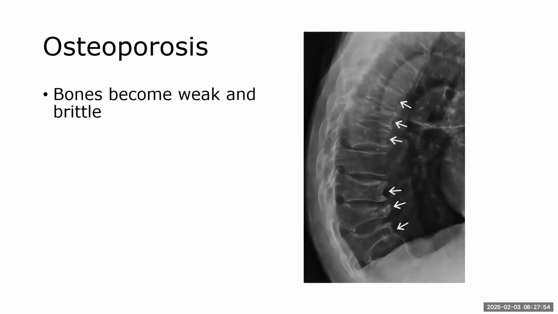Osteoporosis, you've probably all heard of because you watch television and see all the commercials telling us ladies as we age that we need to take our calcium. It's when the bones become weak and brittle. Do y'all see how several of these vertebral bodies, where these arrows are pointing, have done what?